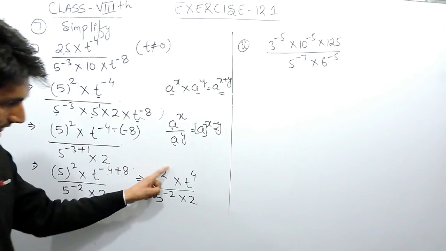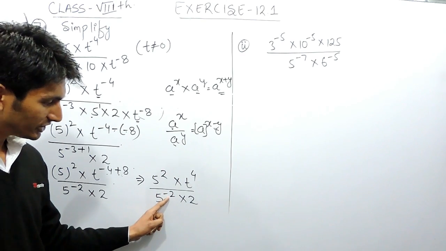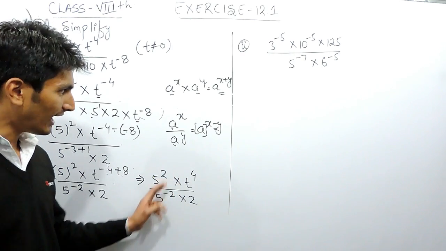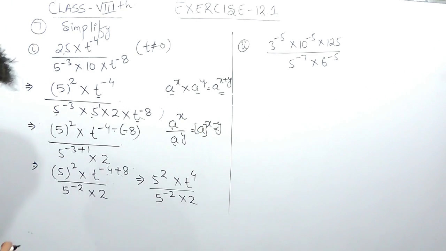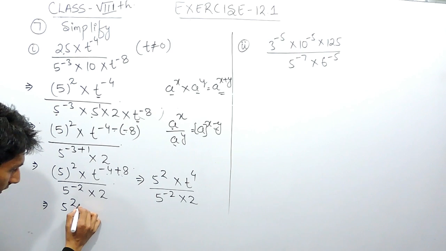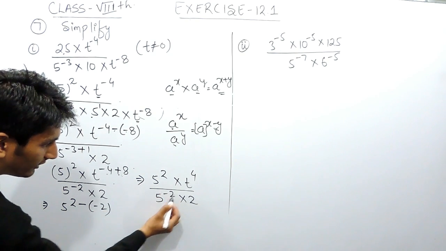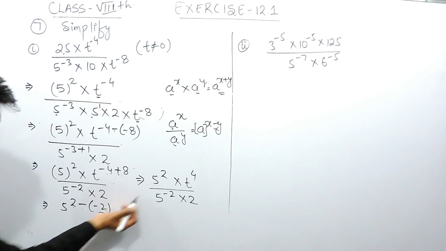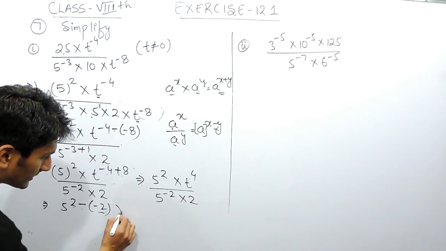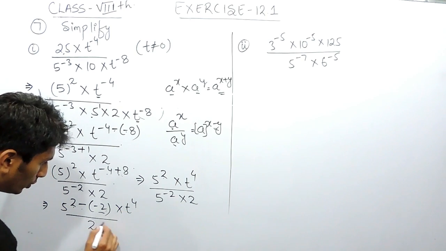Now again in this case the base is the same and if I have to shift this power to the numerator I have to subtract. So 5 raised to power 2 will be minus minus 2, meaning this power will be subtracted from this power, and this is multiplied by t raised to power 4 and whole upon 2.